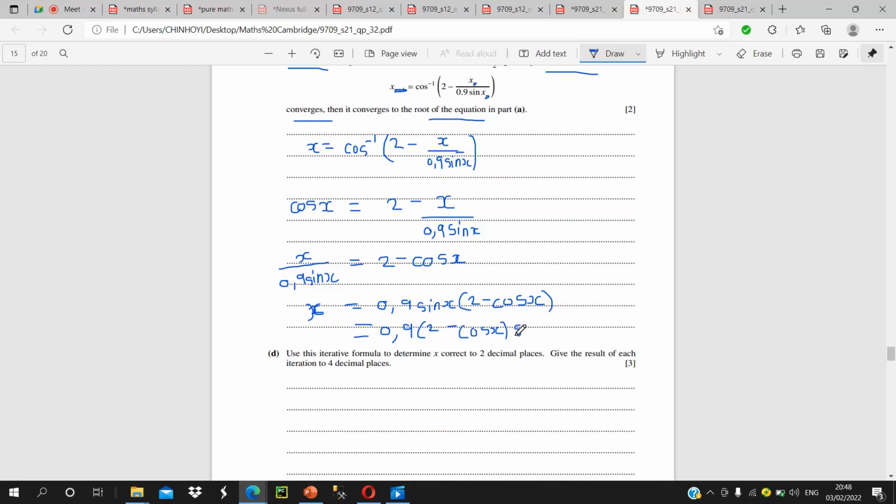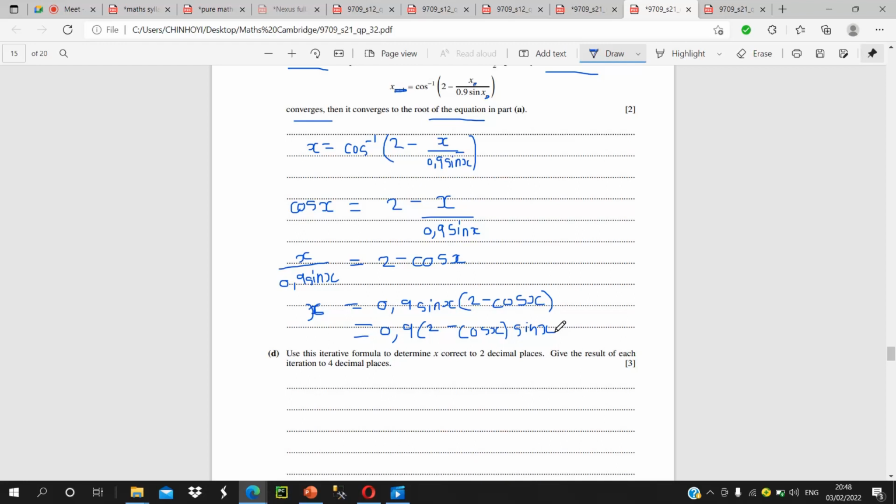So it converges, we have shown it. Yes? Yes. So we get our 2 marks. So it's just to remove the subscripts, then you have that equation, then you arrange it to obtain the original equation. Understood?